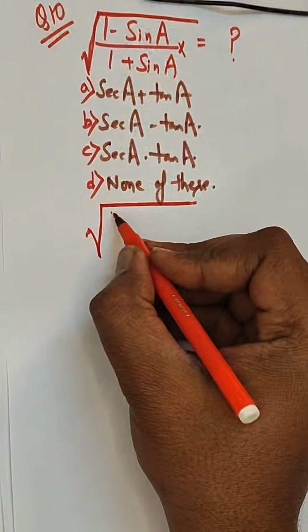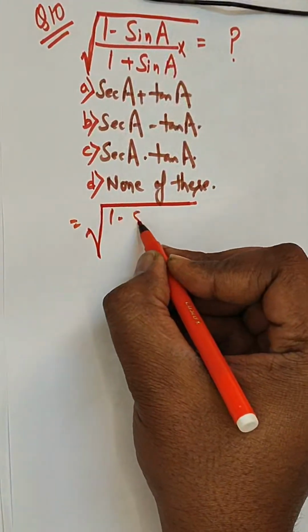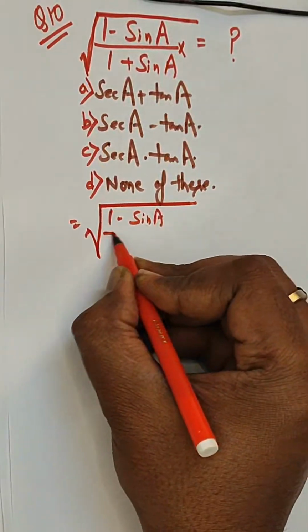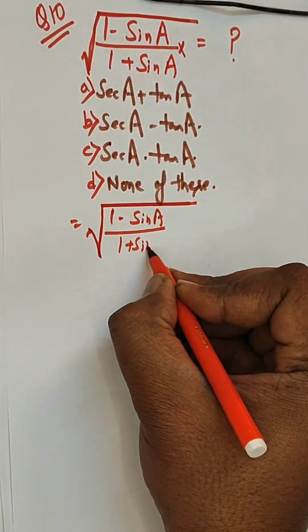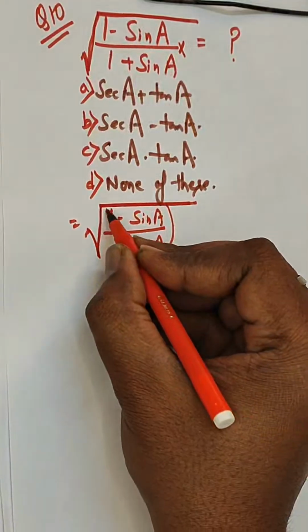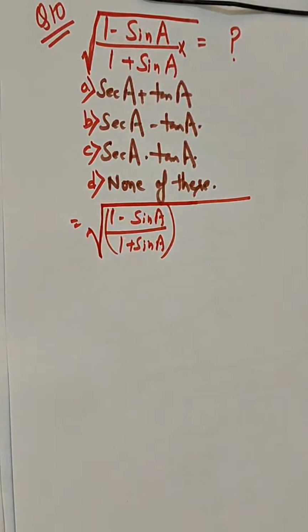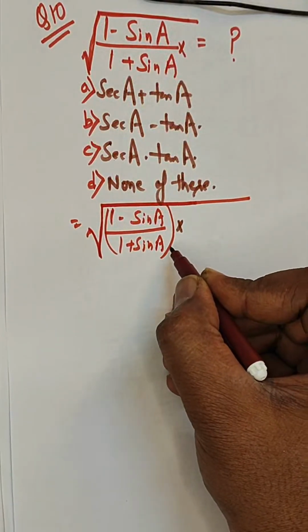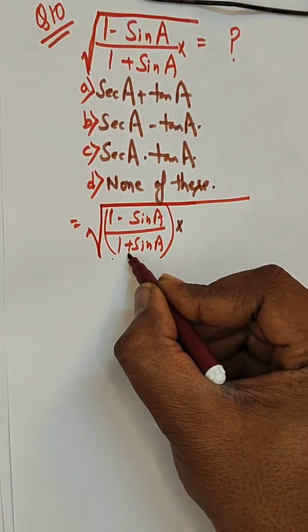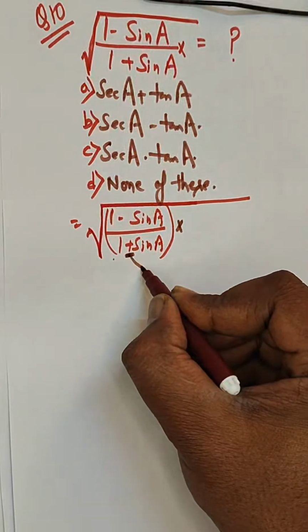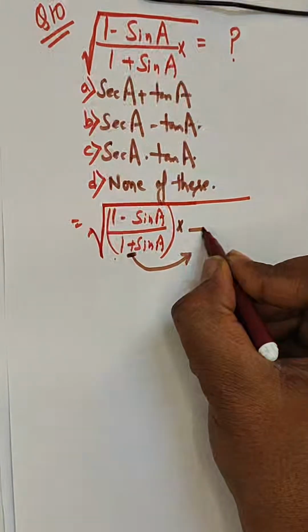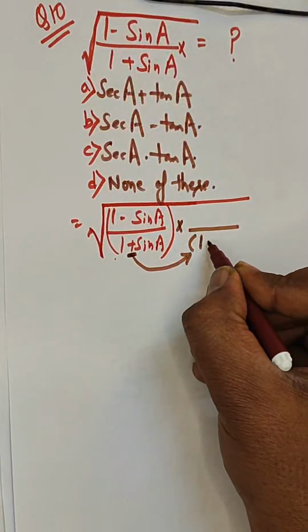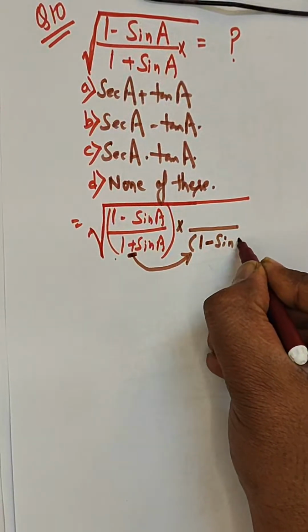So here the question is 1 minus sine a by 1 plus sine a. Inside this root, just multiply the denominator by its conjugate, 1 minus sine a.